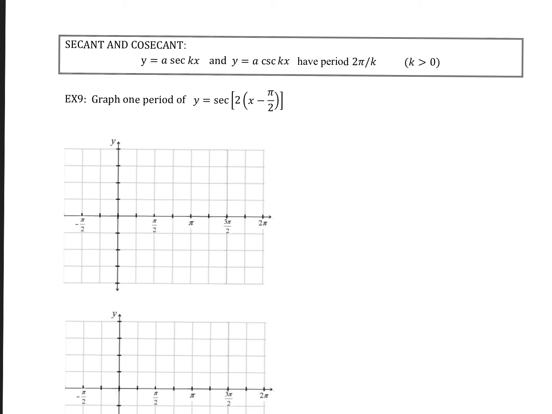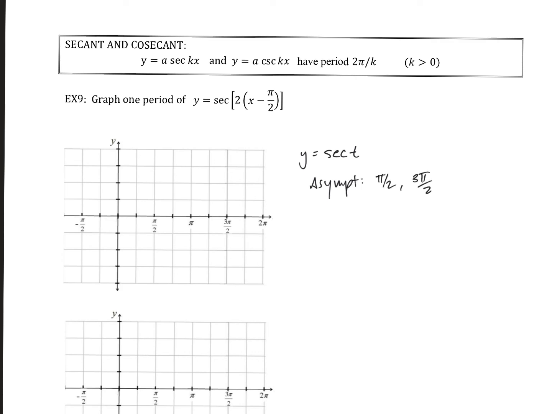Alright, so what do we have here? Example 9, graph one period of y equals secant of 2 times x minus pi over 2. Alrighty, as usual, we're going to start with the parent graph. And what is the parent graph? It is y equals secant t, or secant x. So for the one period, this is going to be the normal parent graph that I'll be looking for. So we'll use the asymptotes of pi over 2 and 3 pi over 2.